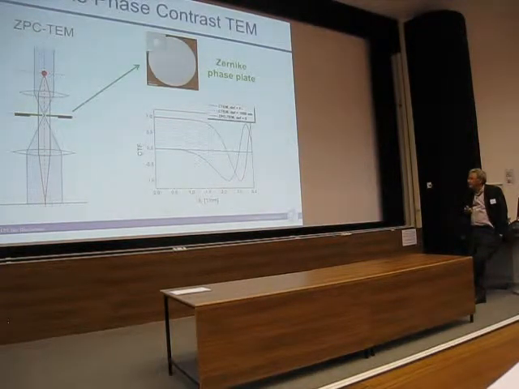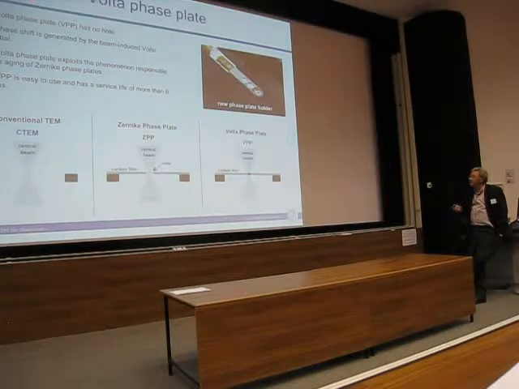But as I said, it was even a problem to take a single tilt series without changing the faceplate. So there's a new development, and it will become commercially available very soon. We're still not allowed to talk about all the details, struggling with our industrial partners there.